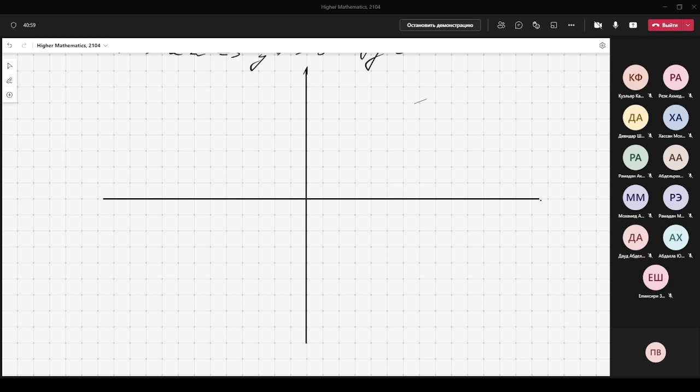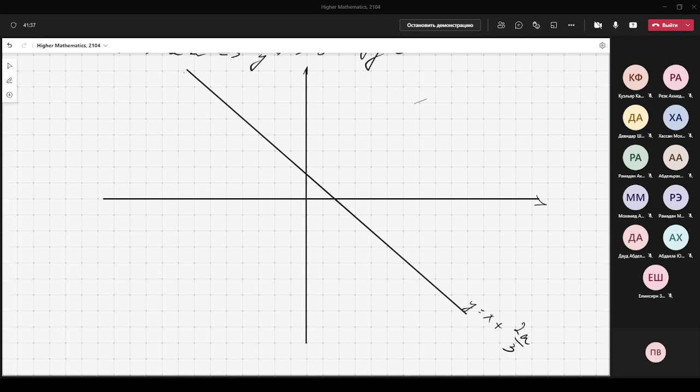Now I just plot the asymptote. It is y equals x plus 2a over 3. And our curve, maybe in another color.